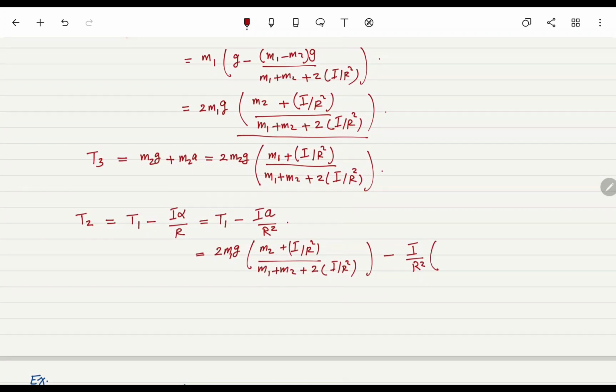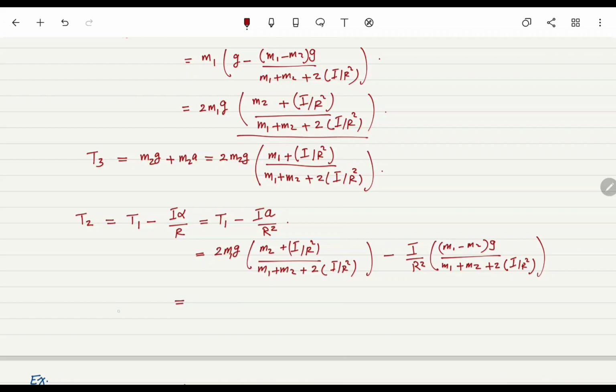times M1 minus M2 times G divided by M1 plus M2 plus 2I over R square.